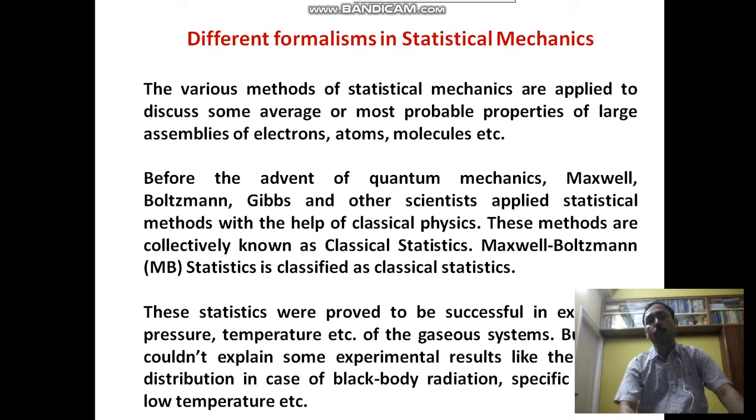Before the advent of quantum mechanics, Maxwell, Boltzmann, Gibbs and other scientists applied statistical methods with the help of classical physics. These methods are collectively known as classical statistics. Maxwell-Boltzmann, commonly known as MB statistics, is classified as classical statistics.